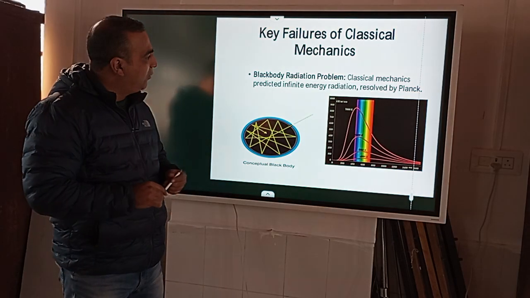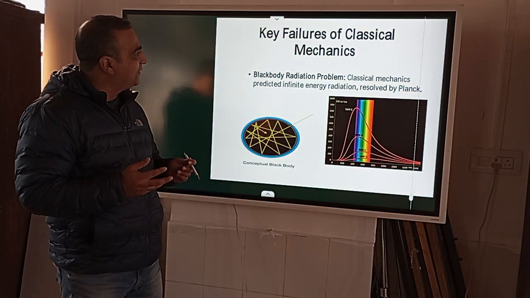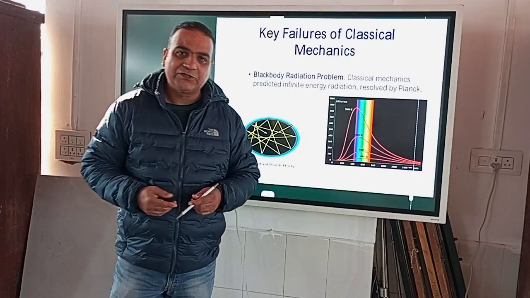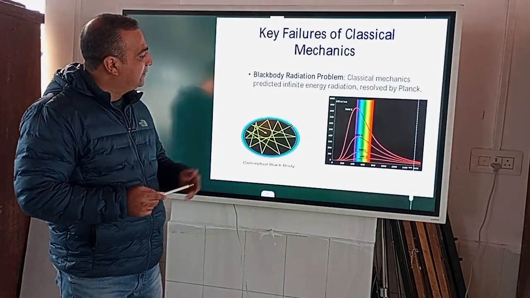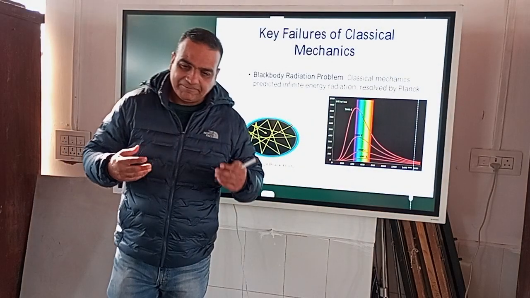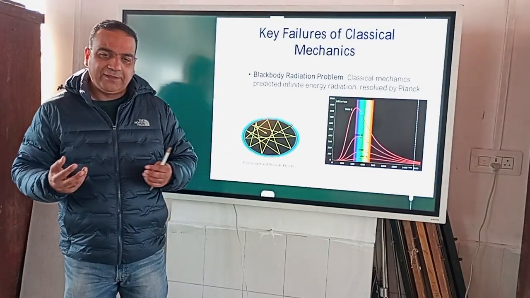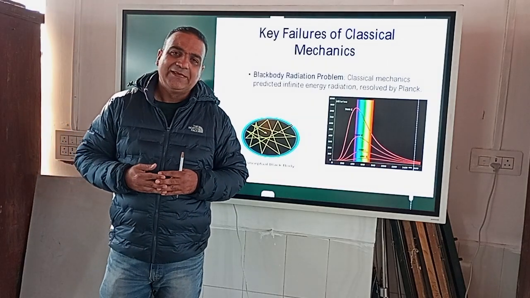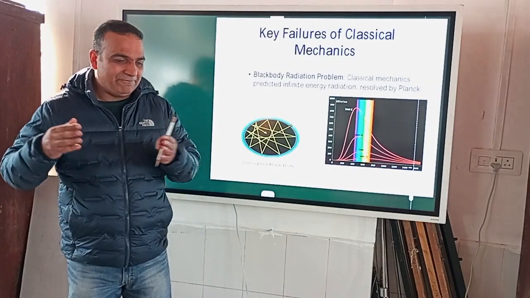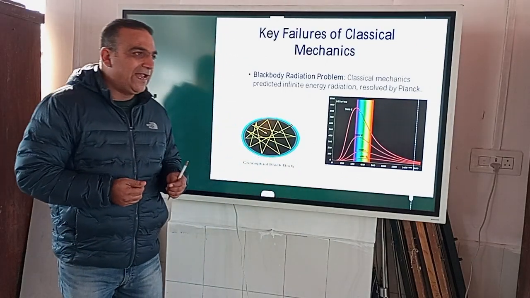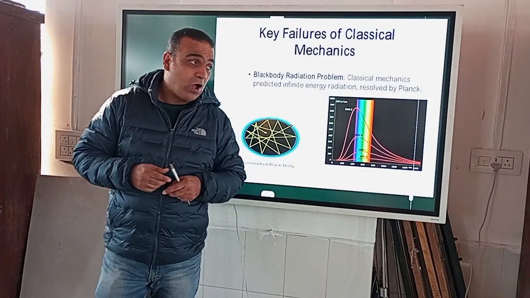Now, why was it that classical mechanics failed to explain the black body radiation law? If you rightly remember, there are some basic laws in classical mechanics: Wien's displacement law, Stefan's law, and the Rayleigh-Jeans law.